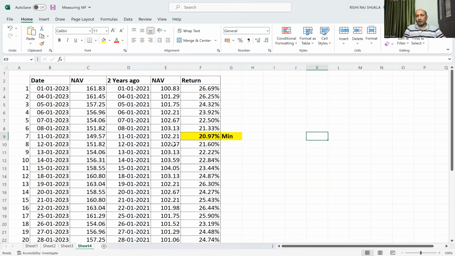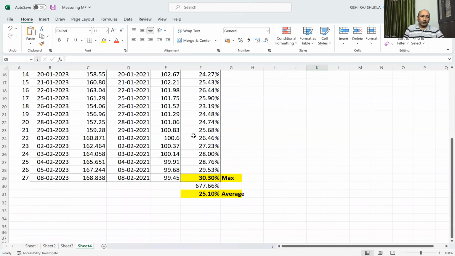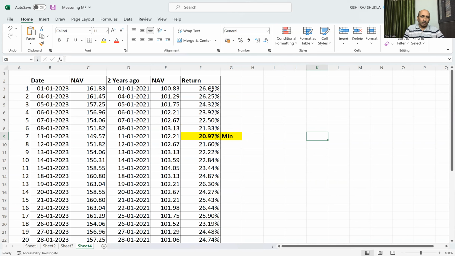You continue with the investment. And after 2 years, if you are calculating the return for a particular date, you get this date and the return as you have calculated in the last video and just now. So we can get this return.